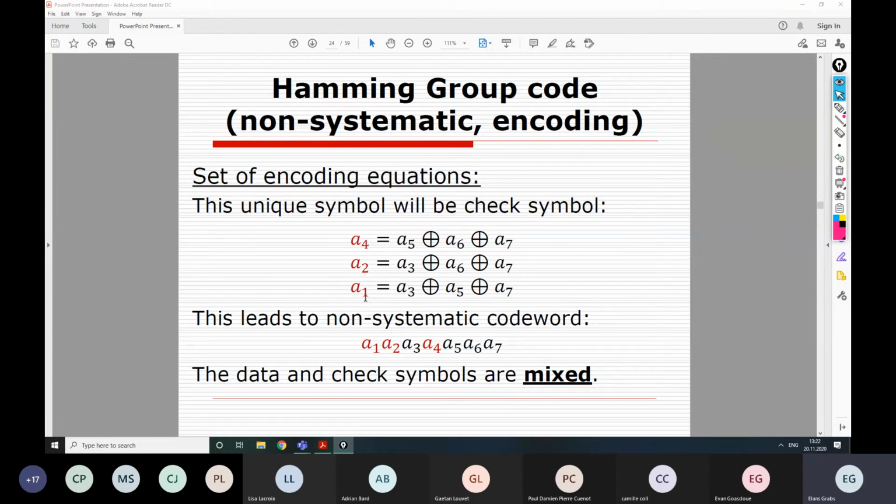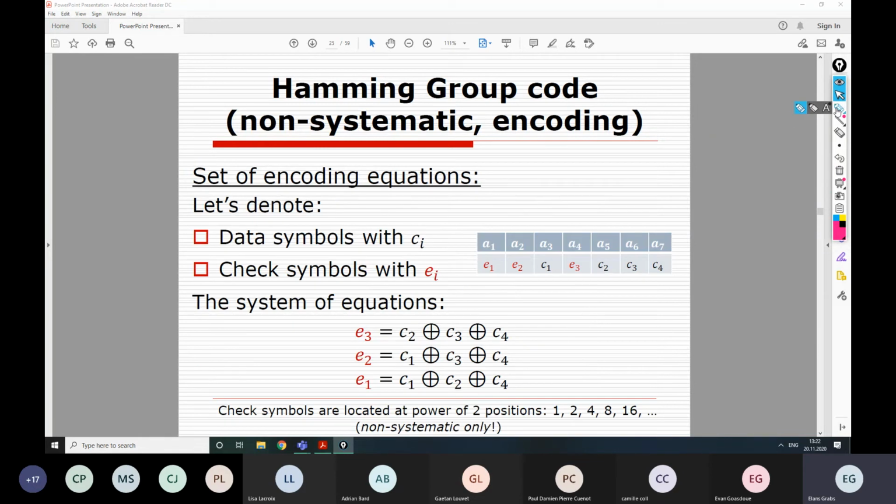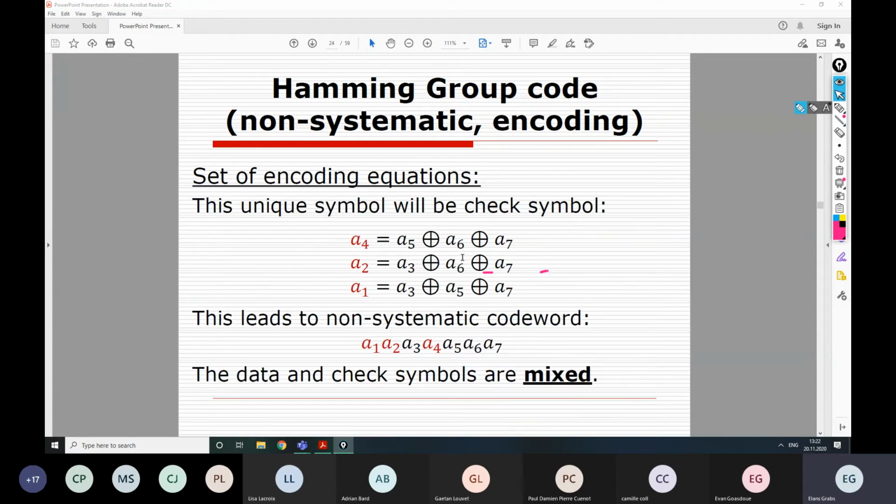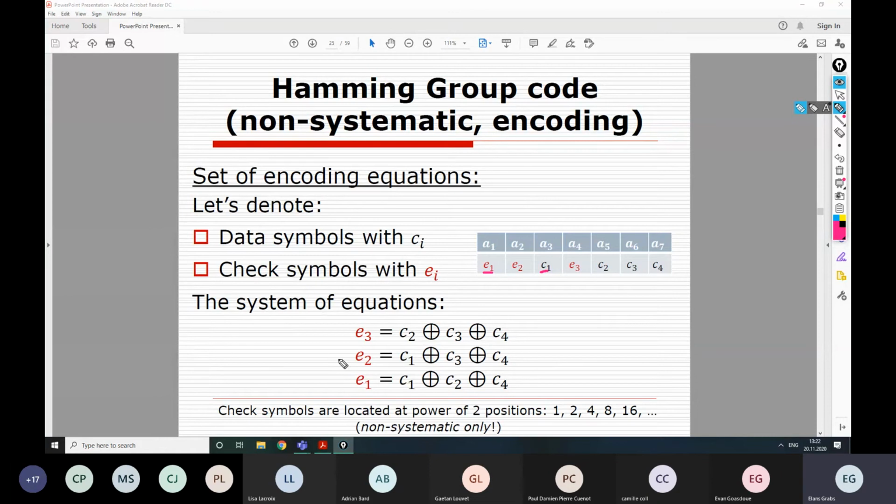So for now, we are talking about non-systematic coding, and we also make new notations, adding E symbols as check or control symbols and C symbols as data symbols. In this way, this very same set of equations can be rewritten in this form.